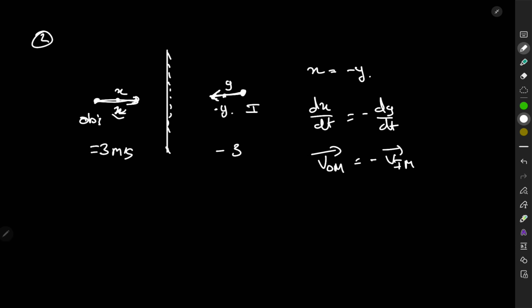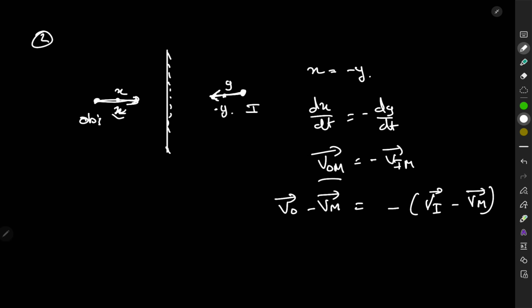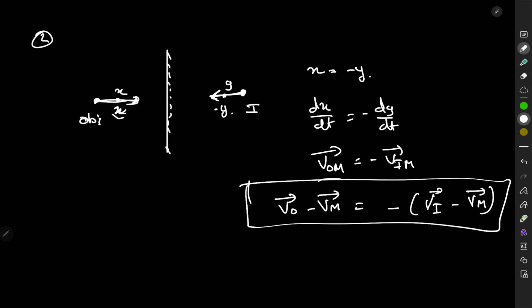So please understand, with respect to the mirror is velocity of object minus velocity of the mirror is equal to minus velocity of image minus velocity of mirror. Fine. Okay, this is the condition for perpendicular to the mirror. Fine. Let's solve some interesting questions.